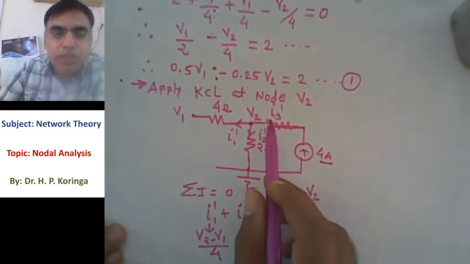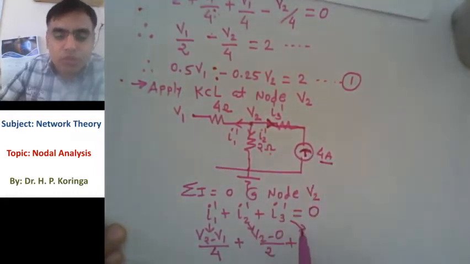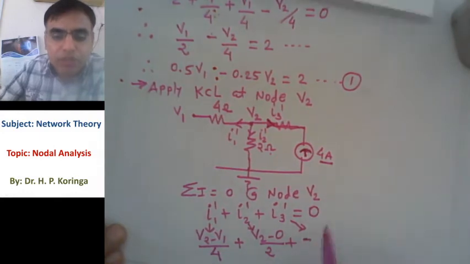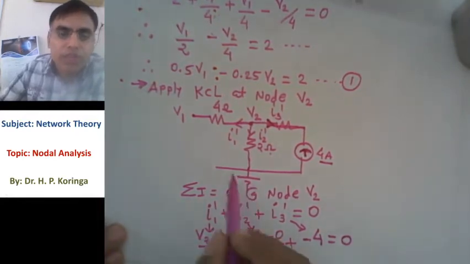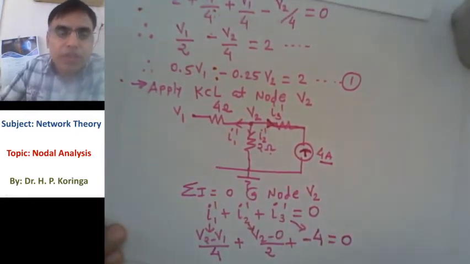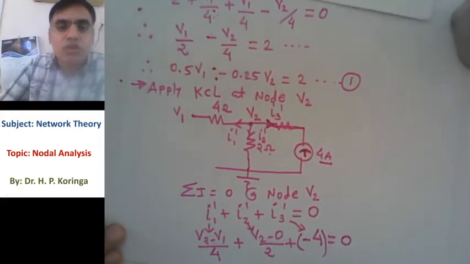About the polarity, the I3 dash direction which we have assumed and the actual current source direction are opposite. So I3 dash is the negative of its value, so it is minus 4, is equal to 0. So we can easily write Kirchhoff's current law at any node. V2 minus V1 divided by 4 plus V2 divided by 2 minus 4 is equal to 0. So this is the KCL equation at node V2.